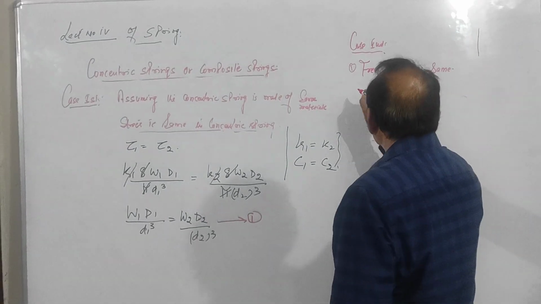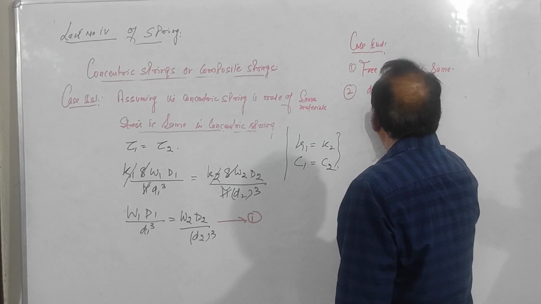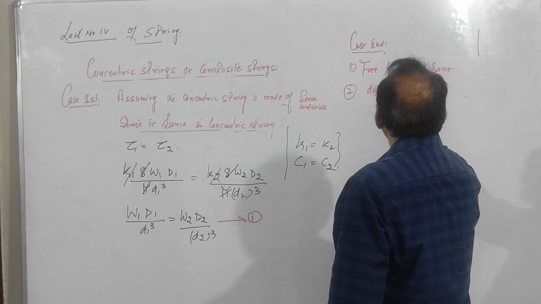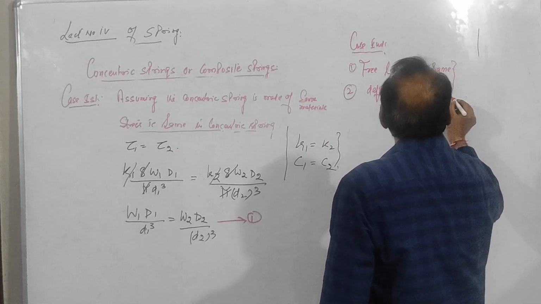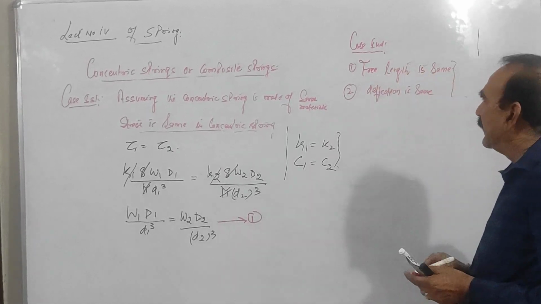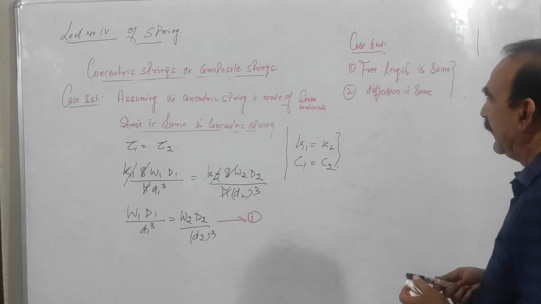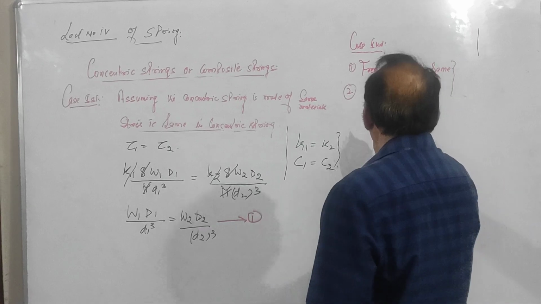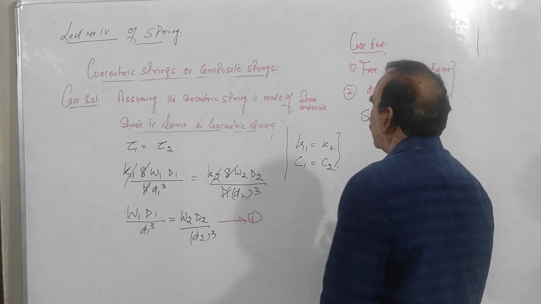सो यू कैन से सेकंड, इसमें आएगा deflection is same, which is only the second condition है, right? So देखिए, deflection is same, so you can say delta 1 is equal to delta 2, right?